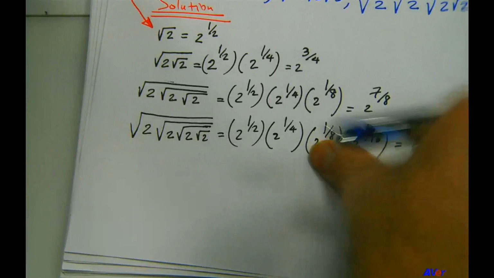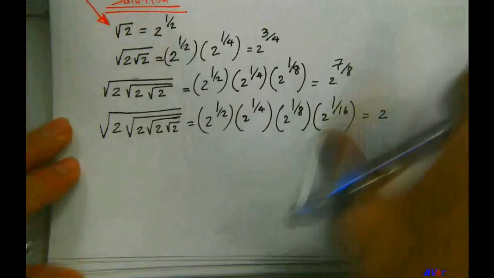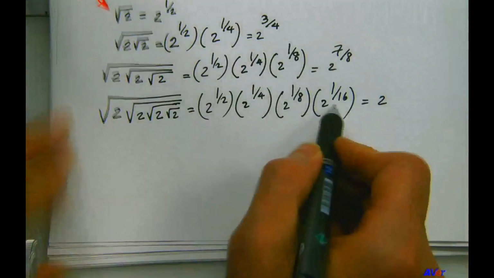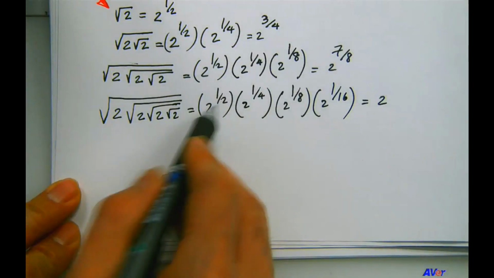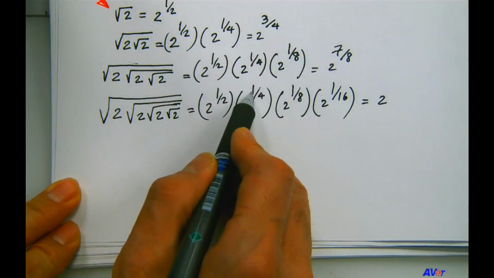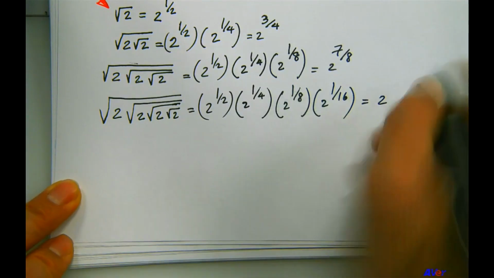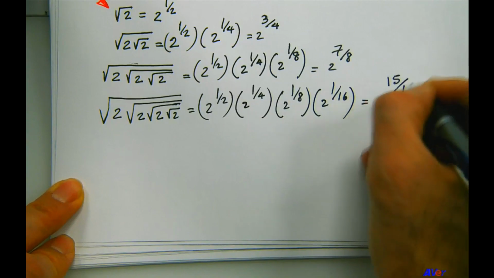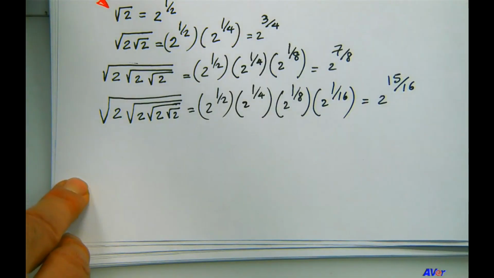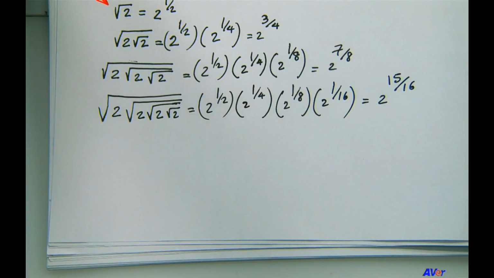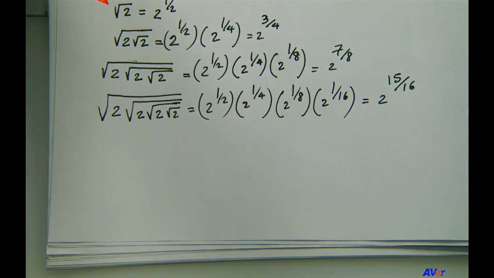Then take the common denominator, which is 16, and then that would be 8 plus 4, 12, plus 2, 14, plus 1, 15. So 2 to the 15 over 16 power. Okay, so now let's list these.